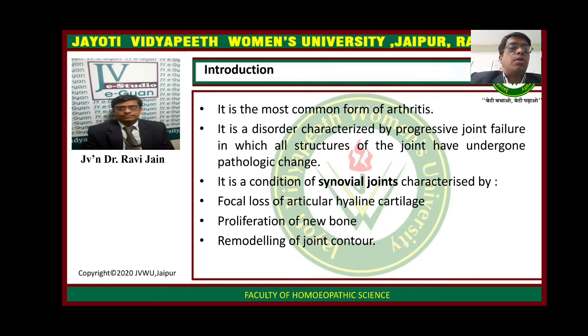It is a condition of the synovial joint that is characterized by the following features. We have focal loss of articular hyaline cartilage, proliferation of new bone, and remodeling of the joint contour.